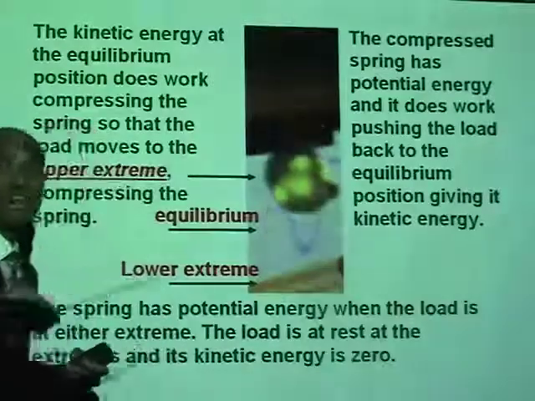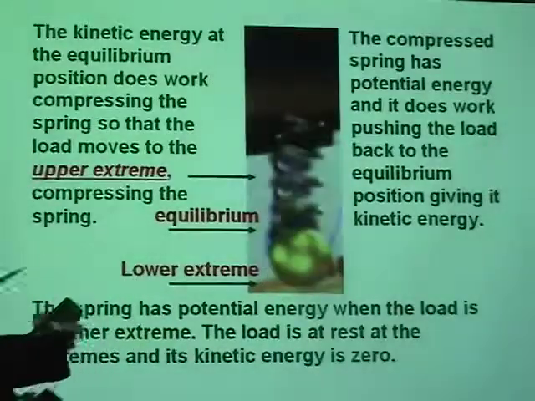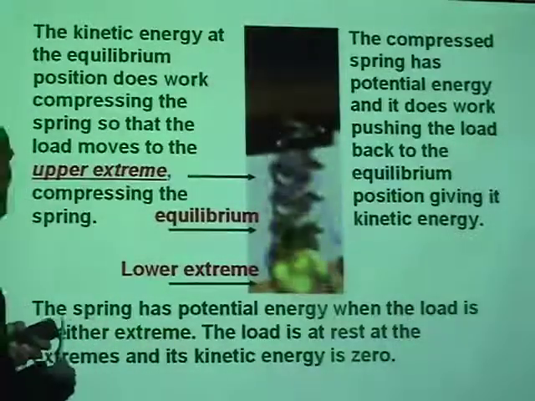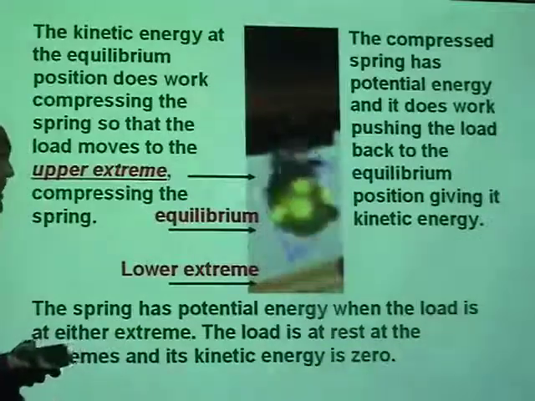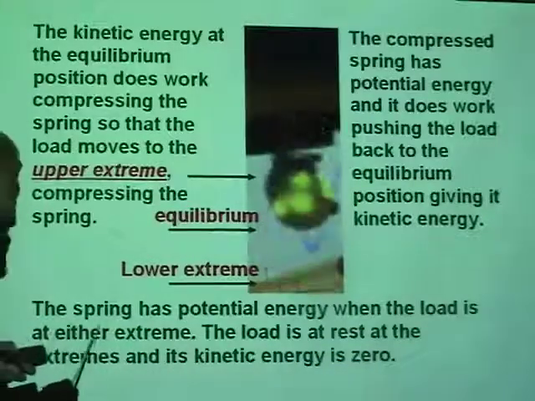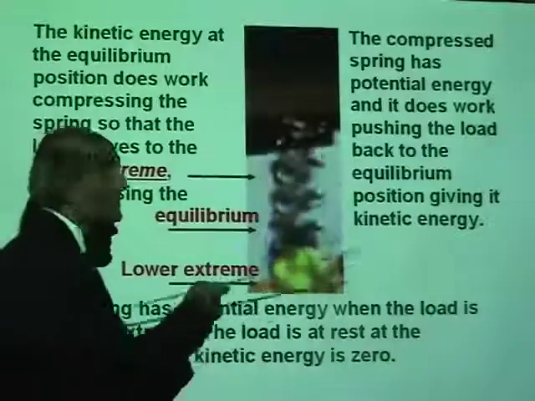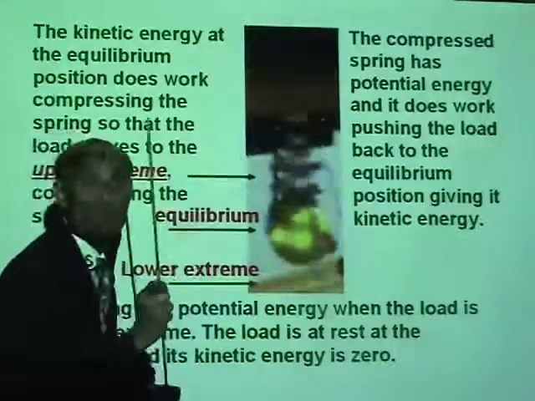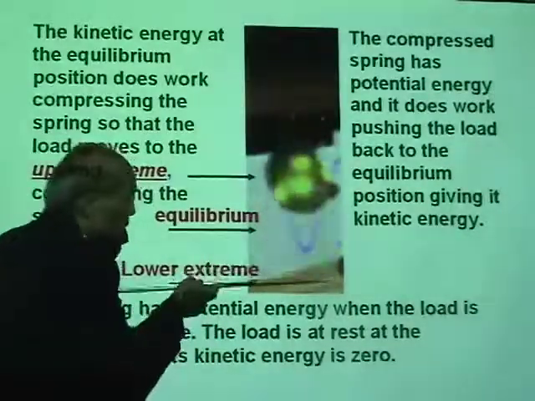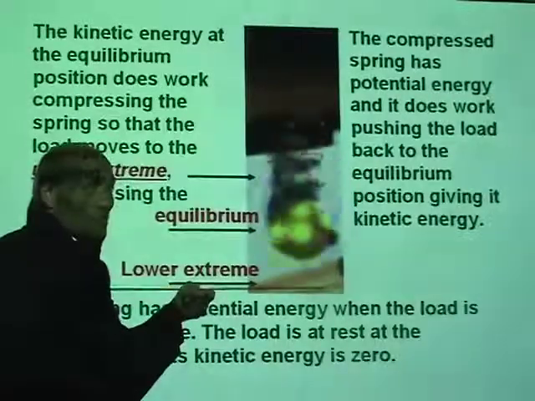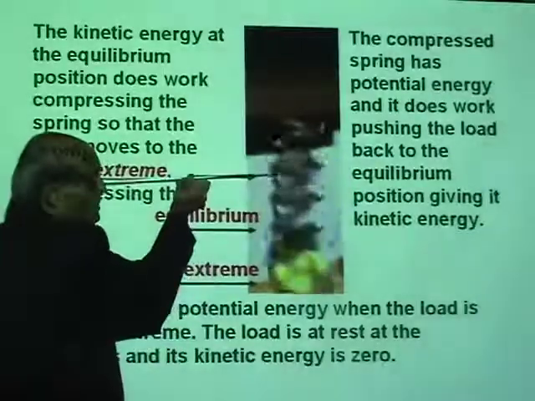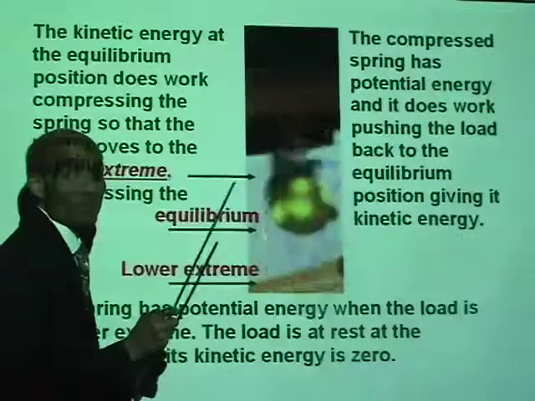Now you can see how the exchanges of energy take place. The spring has potential energy when the load is at either extreme. So the spring has maximum potential energy when the load is at the lower extreme and when the load is at the upper extreme.